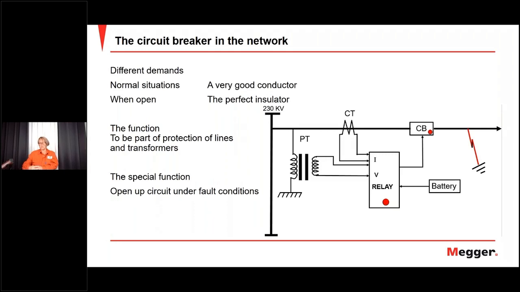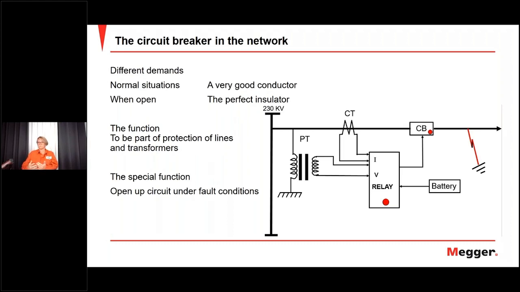And it has to be a part of a protection system, because it is protecting the lines and transformers, the really, really expensive and important parts of a network. The special function here is that the breaker needs to be able to open also under fault conditions.